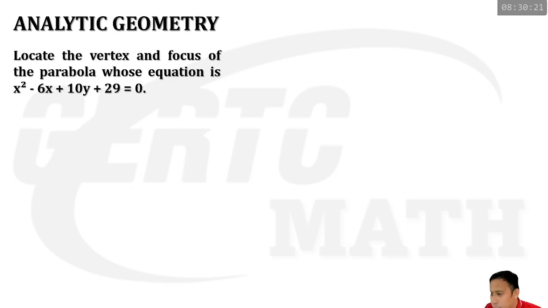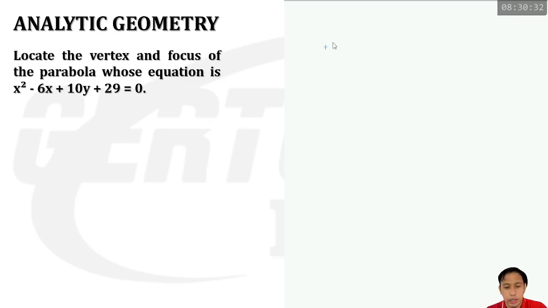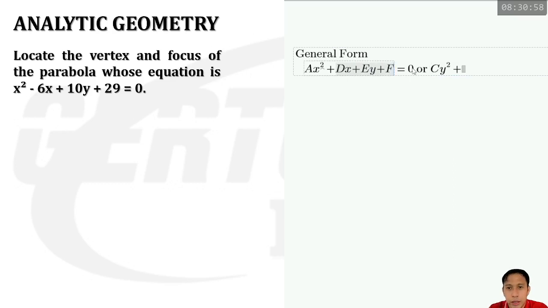Well, di ba, as you can see, Mathcad solution. You can see, this is not written in standard form. Actually, this is now the general form. The general form is either ax squared plus dx plus ey plus f equal to 0, or cy squared plus dx plus ey plus f equal to 0.